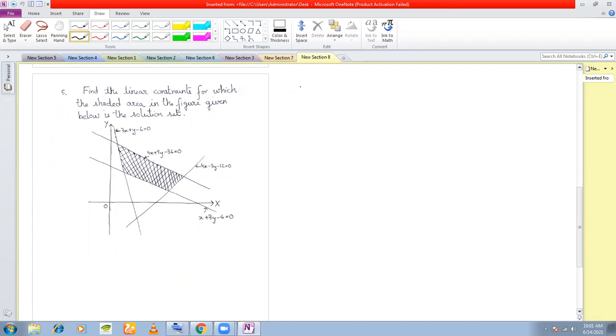Now remember, before listing down the lines, whenever you are given this kind of problem, you will first make the right hand side of each of the equations positive. So what are the equations given here? 3x plus y minus 6 is equal to 0.